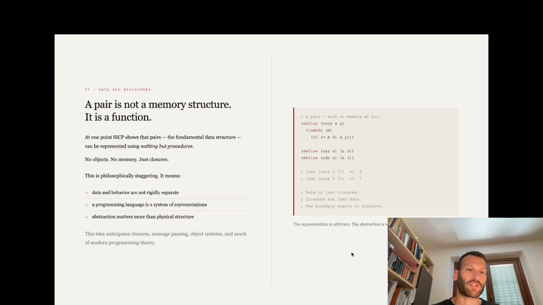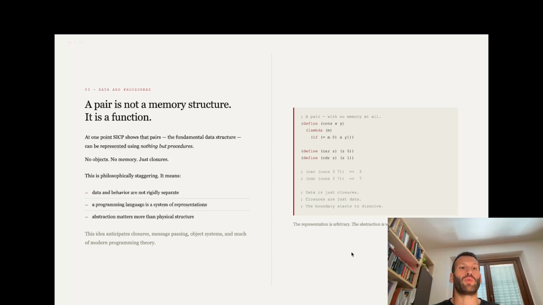So no objects, no memory, just closures. And this is philosophically very interesting because it means that data and behavior are not rigidly separate, that a programming language is a system of representations, and that abstraction matters more than physical structure.